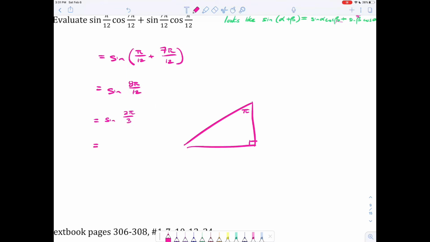Here's pi over 3, and 2 and root 3. So it's some kind of root 3 over 2. 2 pi over 3 is over here somewhere, so it's positive. All right. So this thing is done.